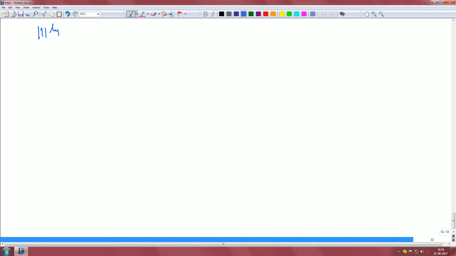So, similarly, for functions defined over this interval [a, b], this is a closed interval, we can define these norms as follows.